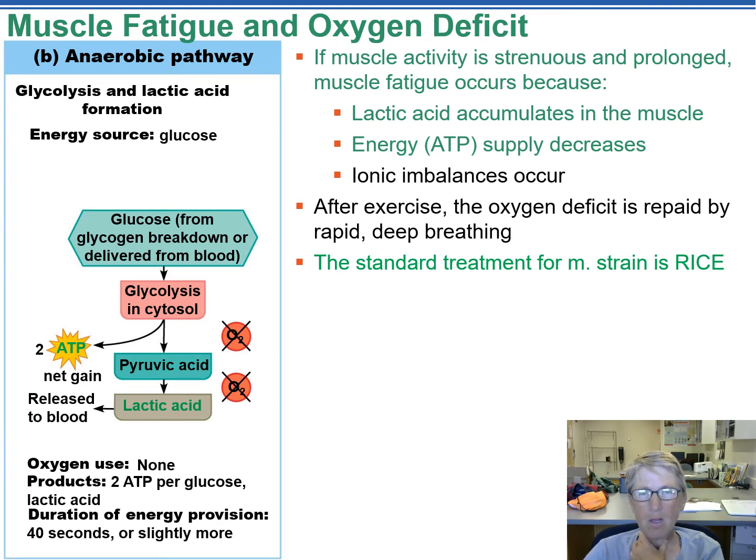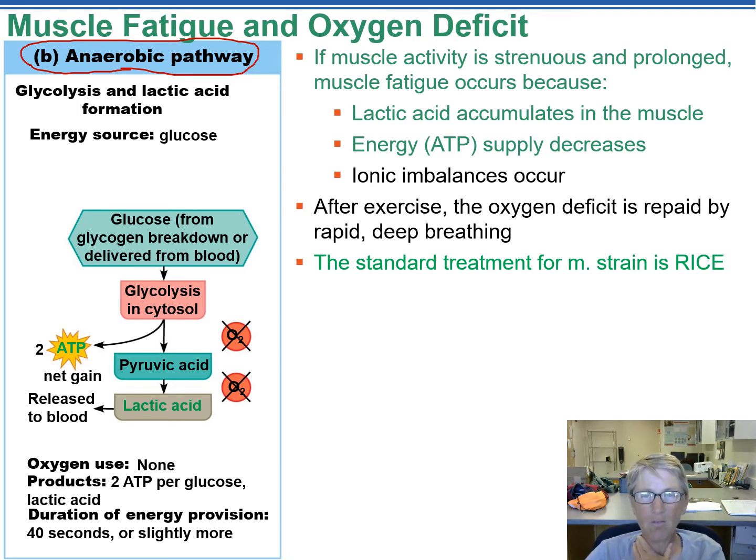Okay, muscle fatigue and oxygen deficit. So here's the anaerobic pathway. So you don't have oxygen there, so you have to break down your glucose to make ATP through an anaerobic process, and then the pyruvic acid is converted to lactic acid.